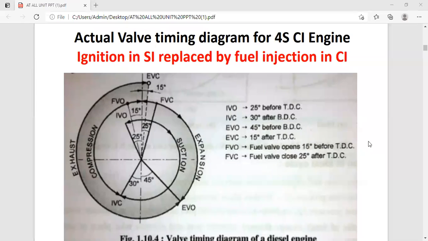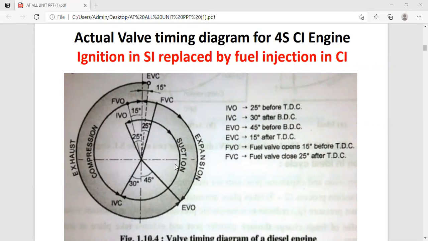The next point we are going to discuss is the actual valve timing diagram for the CI engine. If you observe, in this CI engine the inlet valve opens 25° before TDC and closes 30° after BDC.